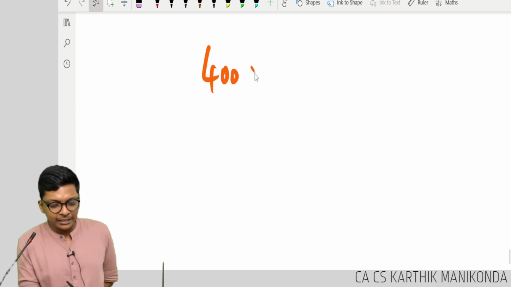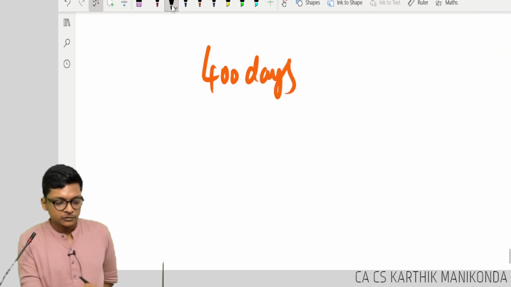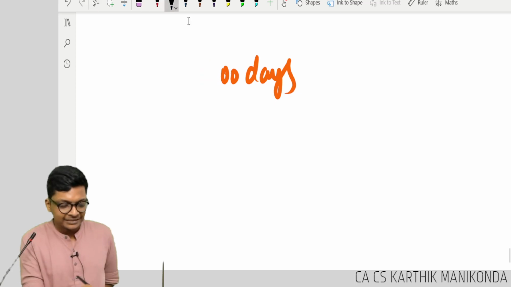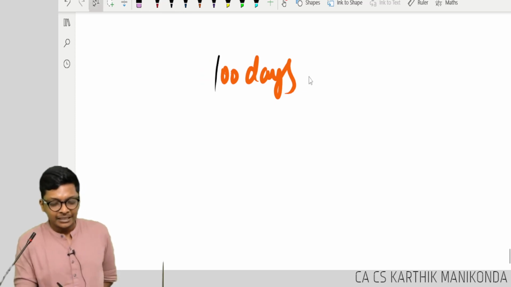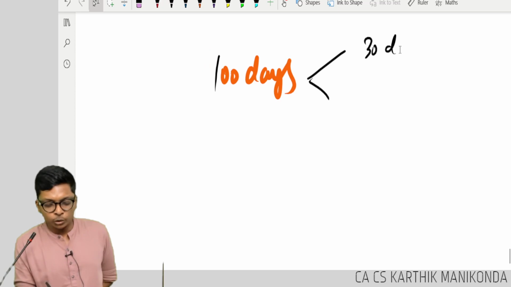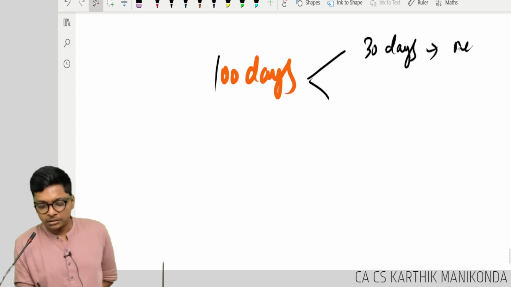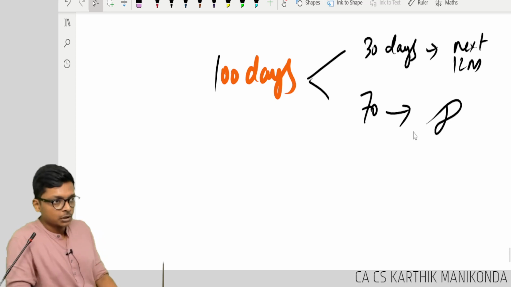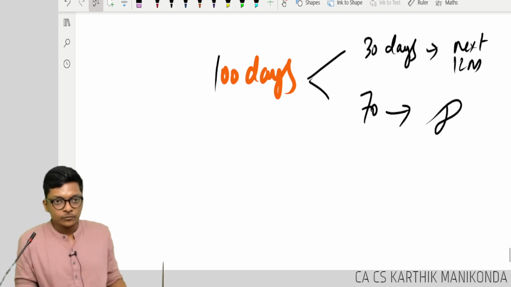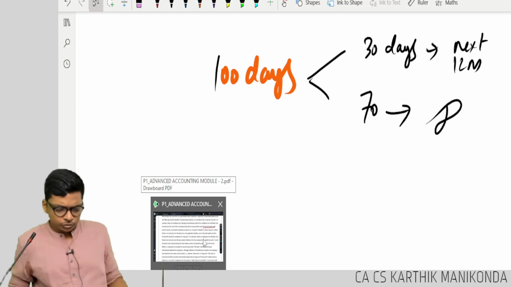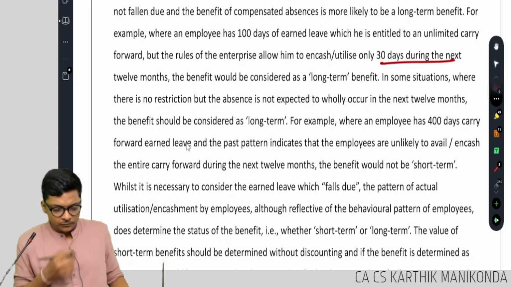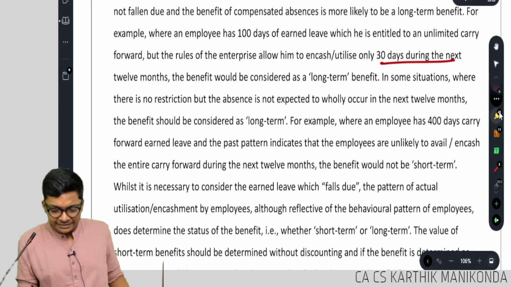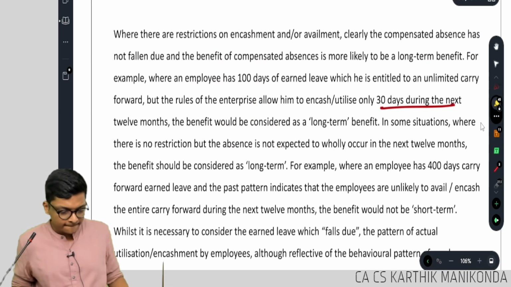Employee has 100 days of leave. In that, they are saying you can use only 30 days in the next 12 months and the balance 70 days can be used anytime. Now how is it classified? 30 days short term, 70 long term. So they are saying, look at this.